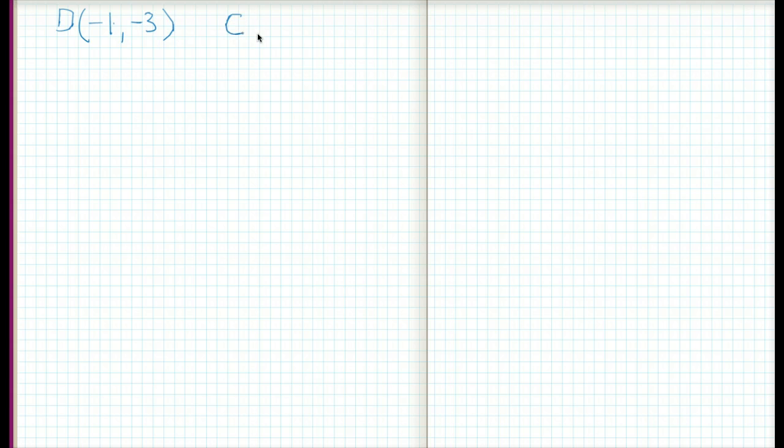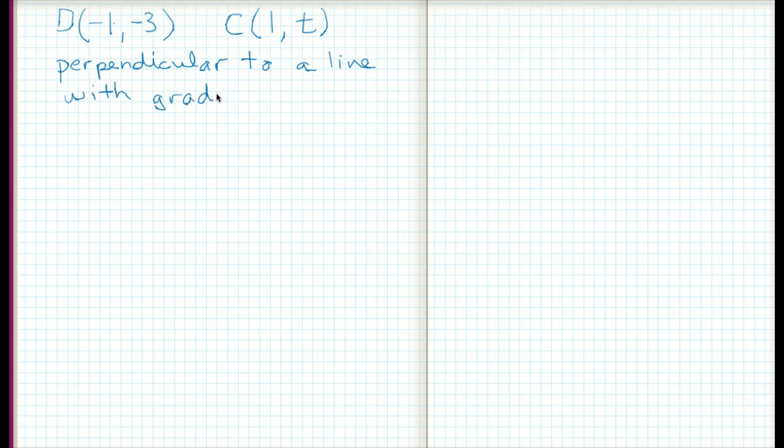And we're going to join it to C, which is 1, t. And we're told it's perpendicular to a line with gradient 2. And we have to find t.